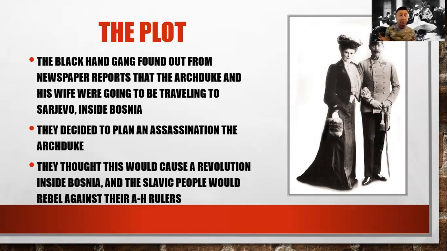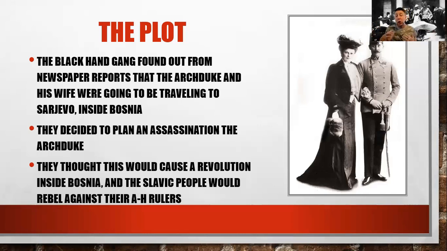As the newspaper reports put out there that he's going to be down there at this specific time, the Black Hand Gang decides that they're going to plot an assassination on him. They figured if they could kill him, this would cause turmoil within the monarchy, and during this political instability the Slavic population would rise up and they would rebel against these rulers of Austria-Hungary.